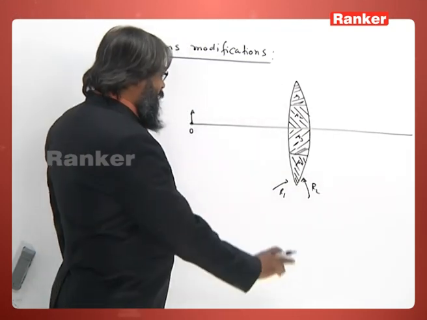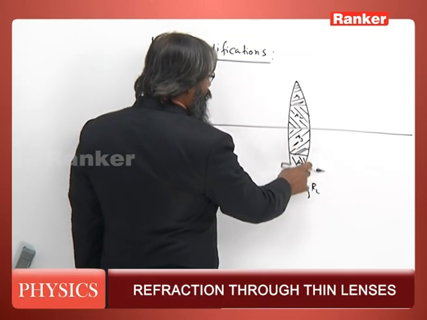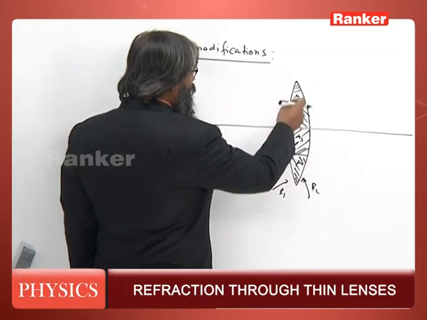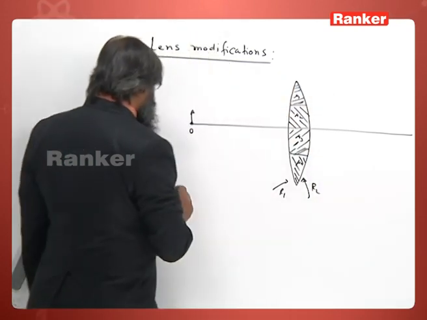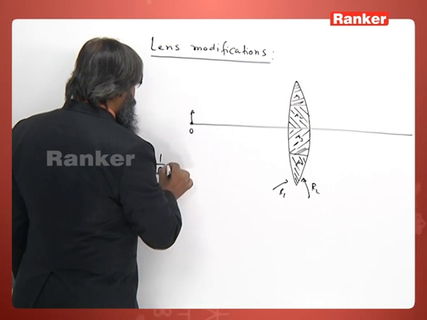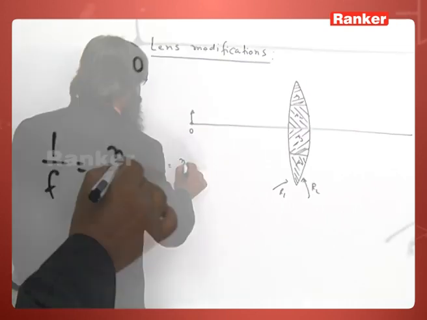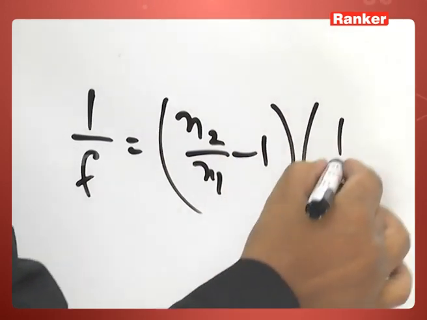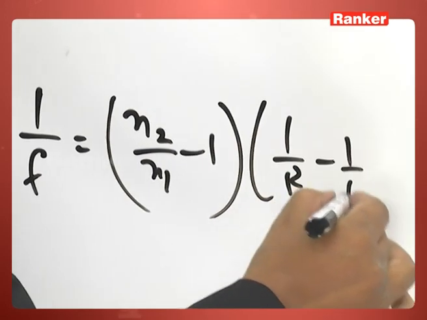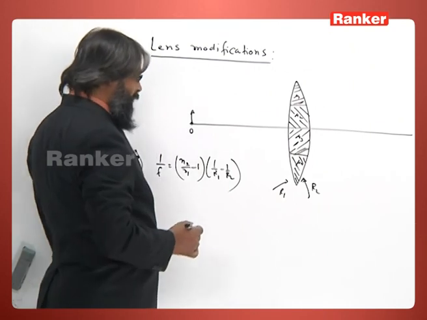You see, the radius of curvature for all this part is R1 and all this part is R2. So, you see the focal length of a lens is given by the formula 1/f = (N2/N1 - 1)(1/R1 - 1/R2).